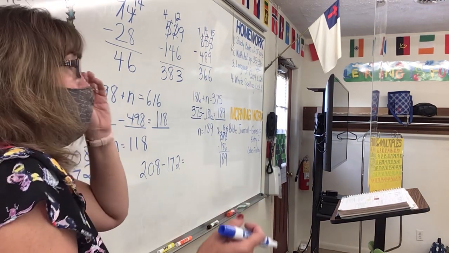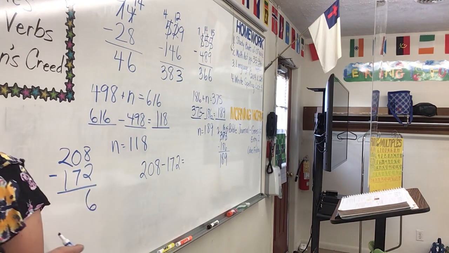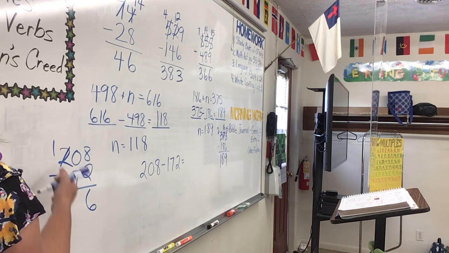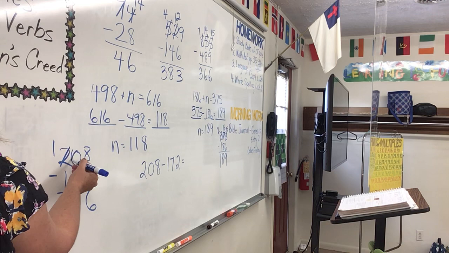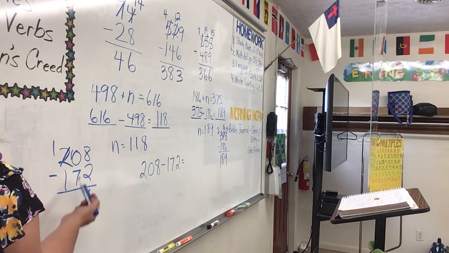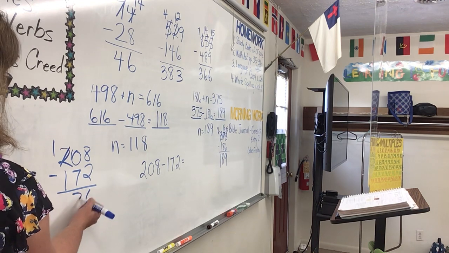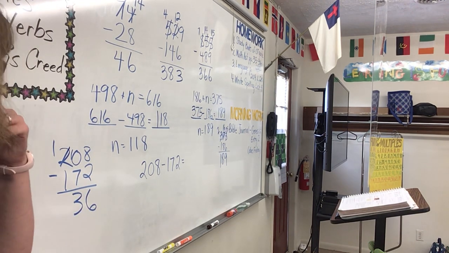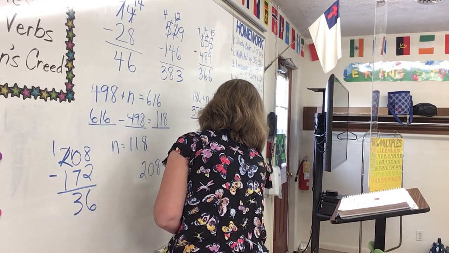But we can go ahead and do each place value. So 0 minus 7 we can't subtract, so come borrow from our hundreds. That becomes a 1 now. And put our 1 in front of our 0. So we have 10 minus 7 is 3. And 1 minus 1 is 0. So 36, and what is pounds?